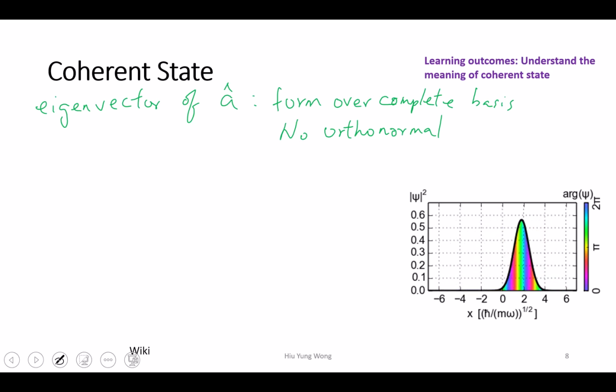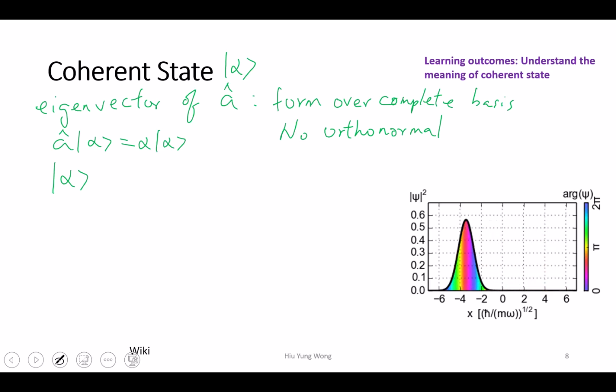So how does it look? I will just say that it is the eigenvector of A. Then, of course, A operating on this coherent state alpha must equal alpha times the eigenvector, right? A is the annihilation operator. When we say something is the eigenvector of the operator, then it must equal a number times that eigenvector, and that number is the eigenvalue.